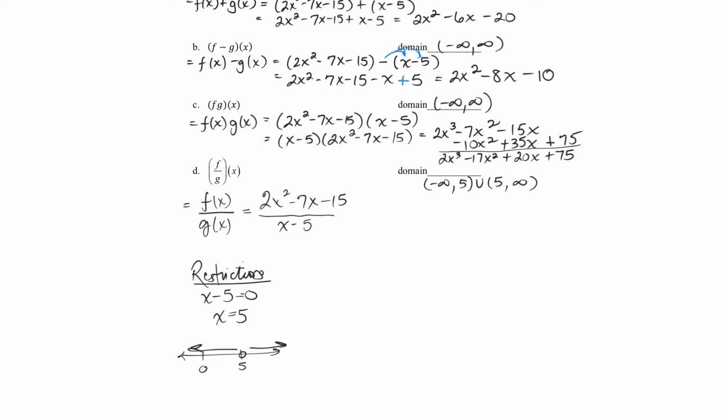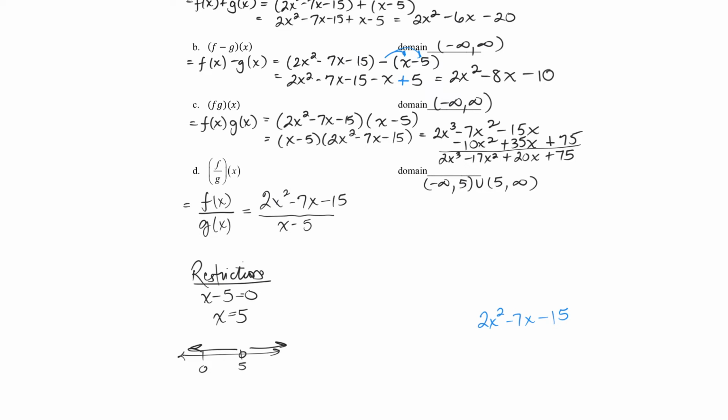And in order to make that decision, I need to factor this numerator if possible, right? So I'm going to come over here, 2x squared minus 7x minus 15, and think about factoring it. I can either use the trial and error method, guess and check, or I can use factoring by grouping. I'm going to go ahead and use the factor by grouping method.